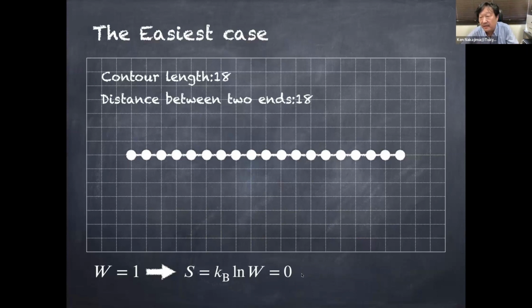You may know that in the natural world, entropy should increase all the time as a natural direction. So this minimum value of S does not naturally occur. Entropy is 0.